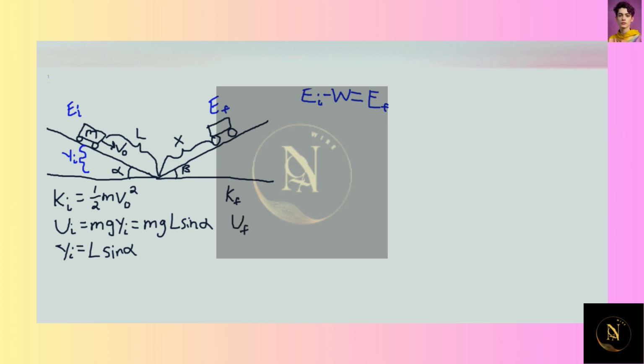So UF is equal to m times g times YF, and it's going to be the exact same thing that we just did for the initial potential energy term, where YF is the height the truck has gone up the incline. So I'm calling that one YF over here, and that's just the height that's gone up.